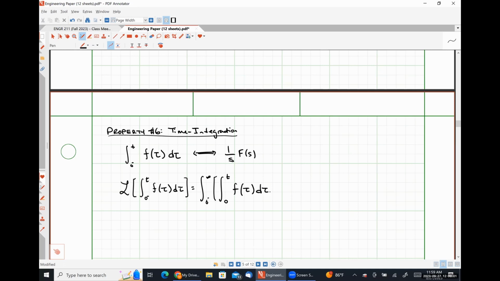The integral of f of tau d tau times e to the negative st dt. We're going to do integration by parts again. So u is going to be the integral from 0 to t of f of tau d tau. U prime is then just f of t. V prime is e to the negative st, and v is negative 1 over s e to the negative st.